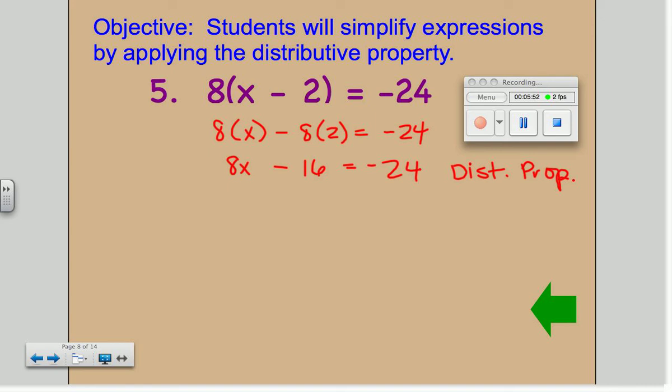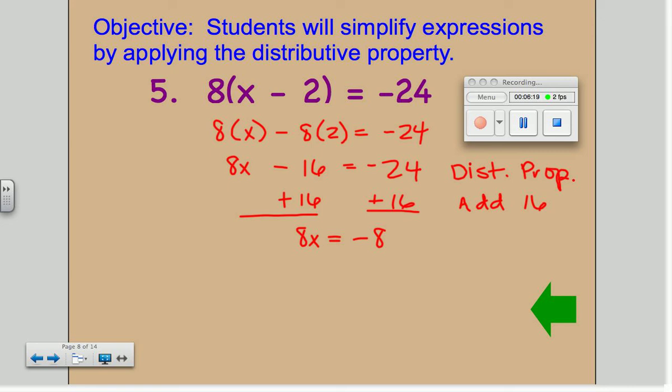We're going to add 16 to both sides. 8x minus 16 plus 16 is 8x. Negative 24 plus 16. I have more negatives than positives, so I know my answer is going to be negative. What's the difference between 24 and 16? 8. Negative 8.